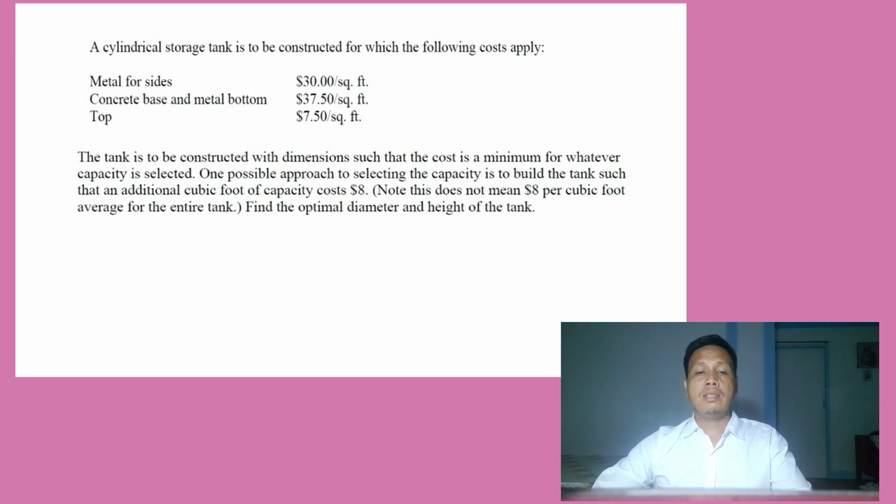The tank is to be constructed with dimensions such that the cost is minimum for whatever capacity is selected. One possible approach to selecting the capacity is to build the tank such that an additional cubic foot of capacity costs $8. Note, this does not mean that $8 per cubic foot is the average for the entire tank. So find the optimal diameter and height of the tank.